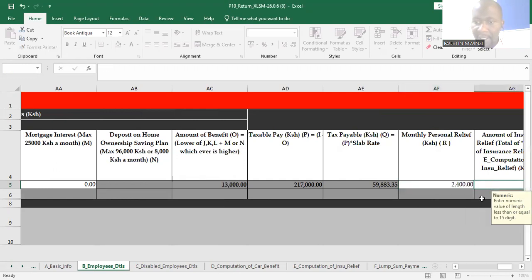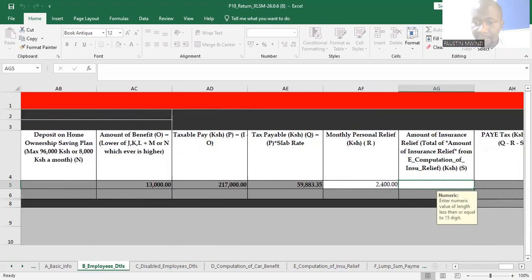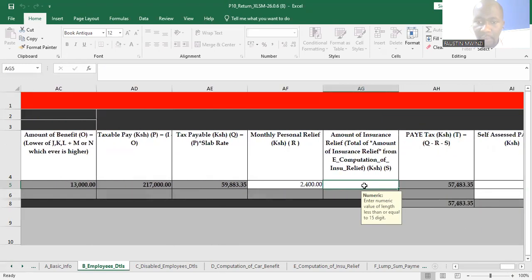And then insurance relief. Let us assume that this employee is paying some insurance relief because of NHIF; I'll give you the NHIF schedule so that you know how much people are paying. Let's make it 800 shillings. Now, this is the tax that this employee needs to pay.